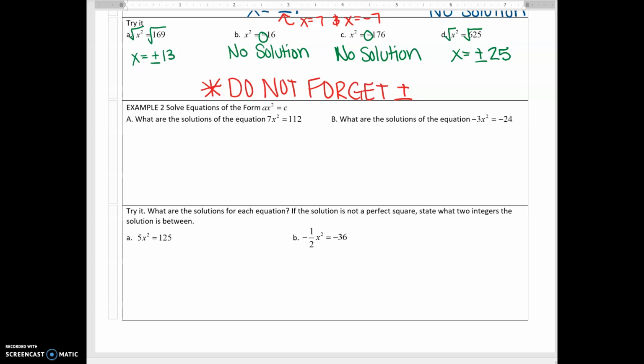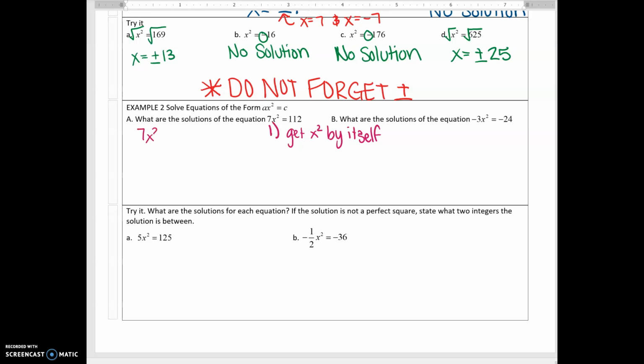So now we're going to jump up to one more step on what we were doing. So now we're going to have a number in front of x squared and solve for that. So the first thing you're going to do is get x squared by itself. So this is step 1.